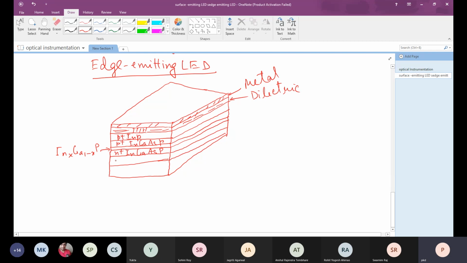Next we have N plus InP. Then the dielectric, metal and dielectric layers are there as before.